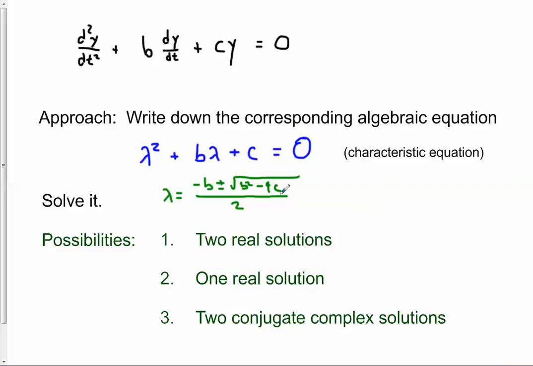But of course a lot hinges on the b squared minus 4ac part that's under the square root. If it is positive, then you're taking the square root of a positive number and you'll get an answer, and then you can have plus that square root or minus that square root. So you get 2 real solutions.